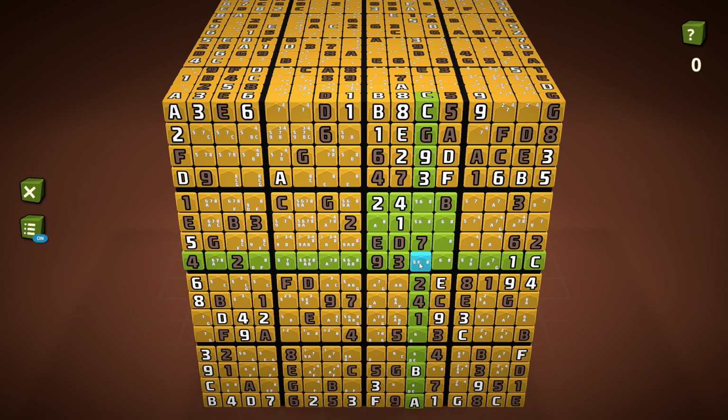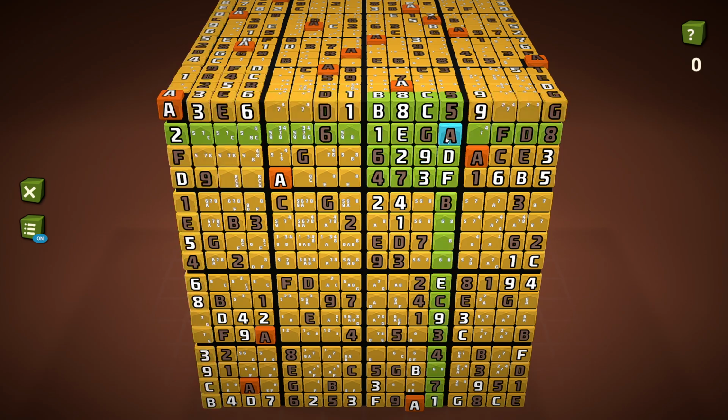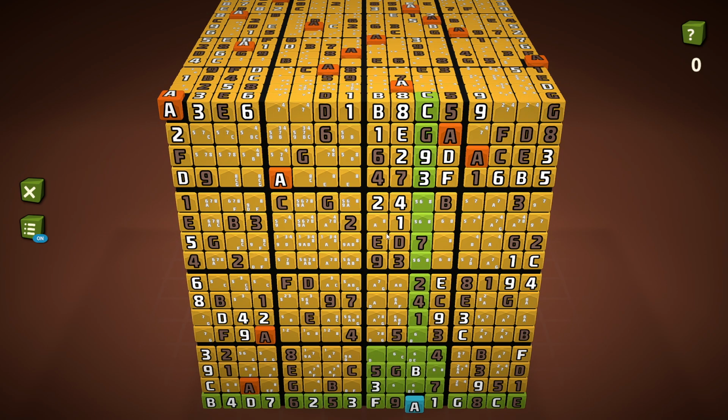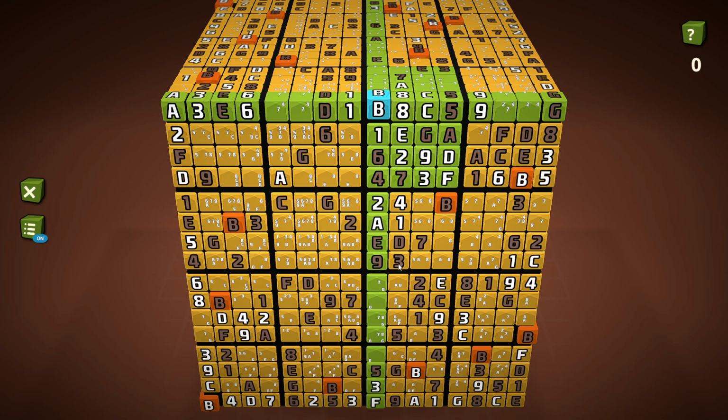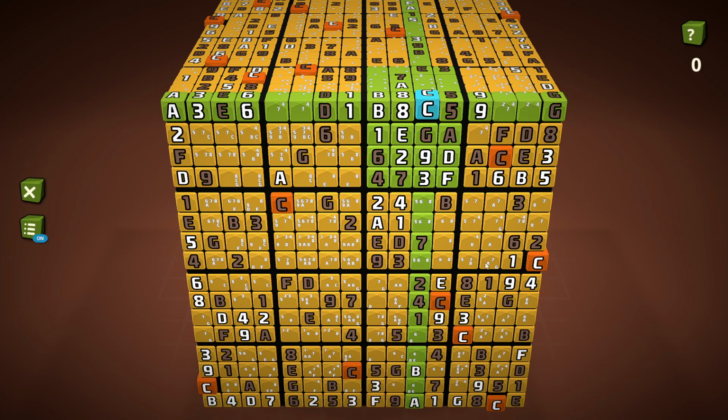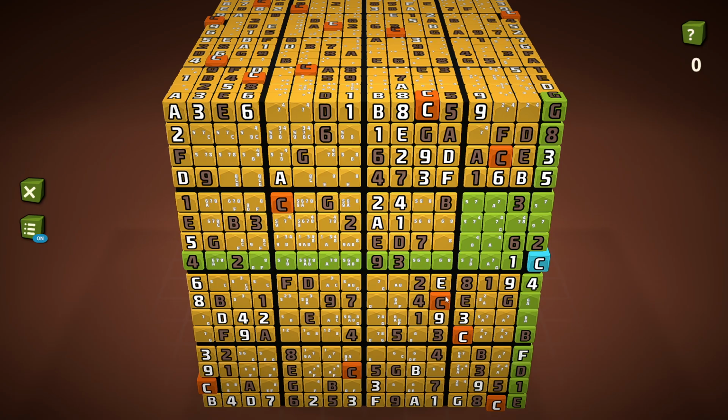Yeah, nothing is prevented from being an 8. Okay. 9s. No. A. Has to be directly below the 2. B. No. C. So there cannot be a C.